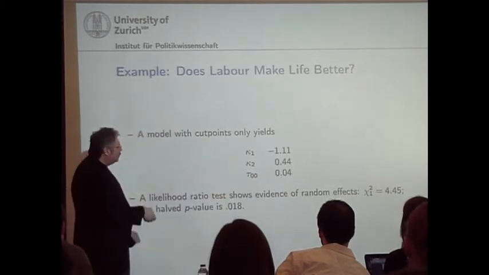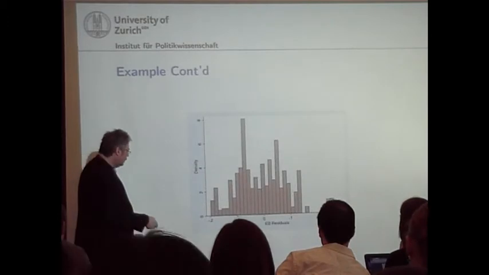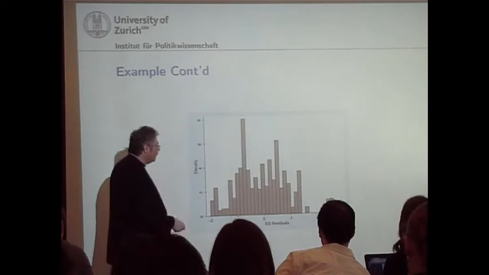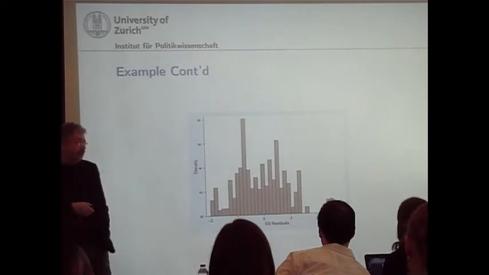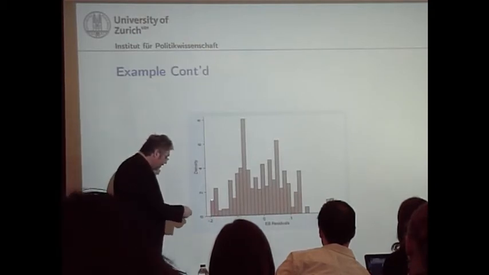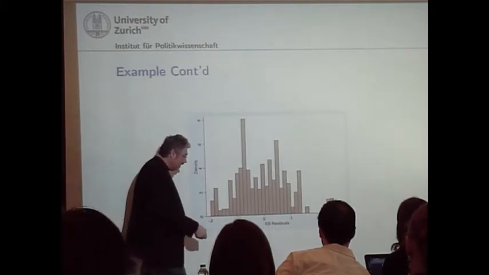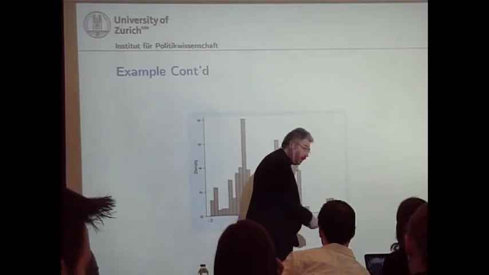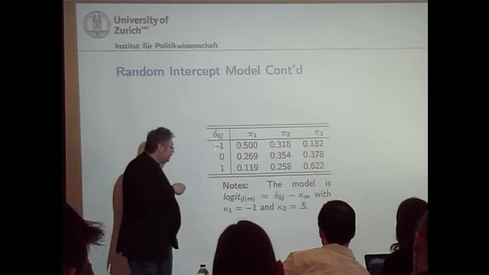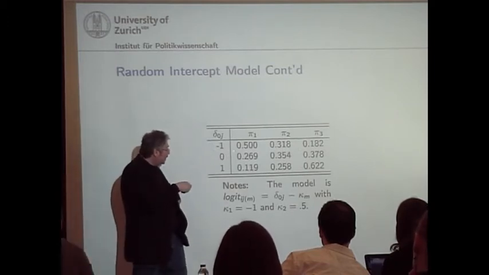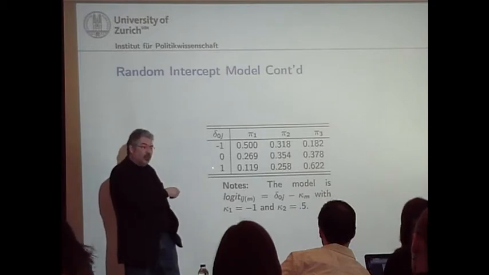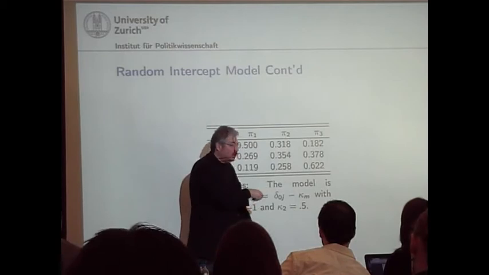And you would add to those cut points these empirical Bayes residuals, then you see that there's some variation. And that there's some districts where you have delta zero that is quite negative, and some districts where it's quite positive. If you go back to this story, that would suggest in these very negative districts more of an inclination to low response, and in these more positive districts to high response.